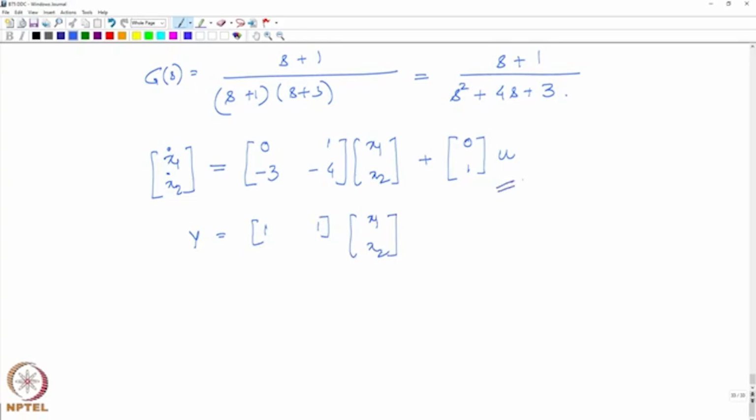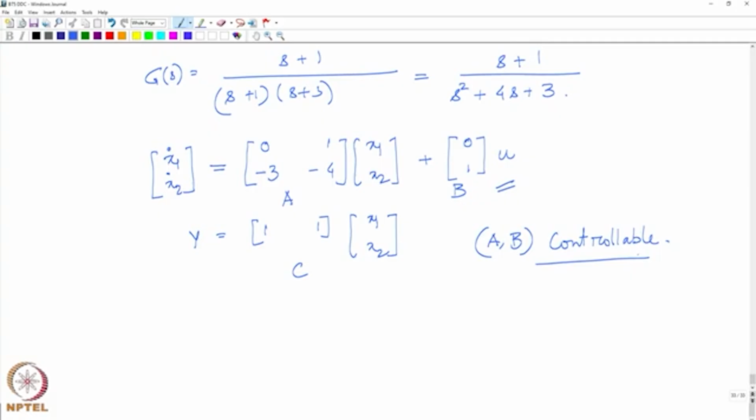This is your A matrix, this is your B matrix, this is your C matrix. The (A, B) pair of course is controllable. Those of you who have done multivariable control and state space theory know that this is indeed controllable. You can go ahead and check that.